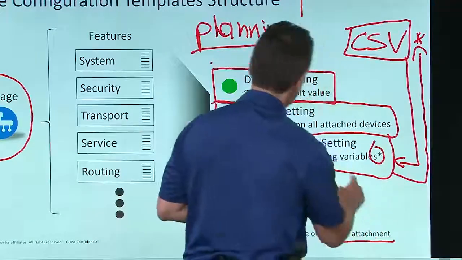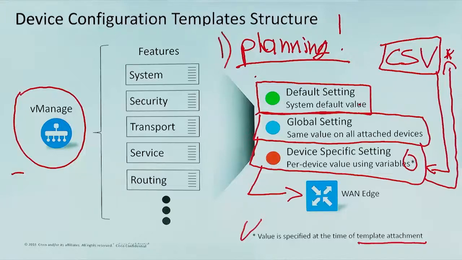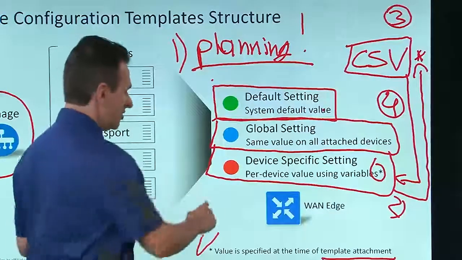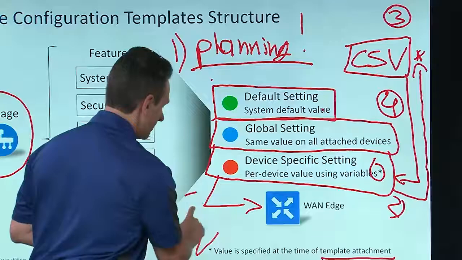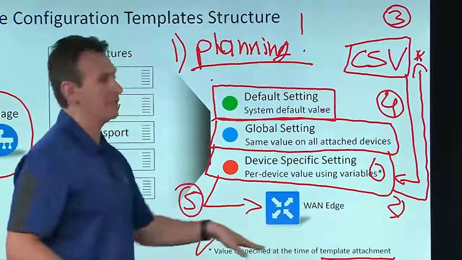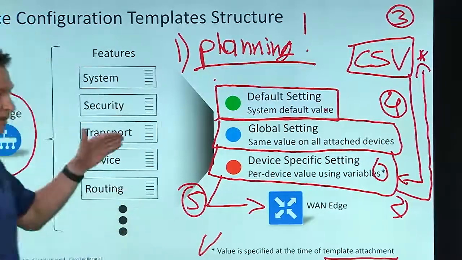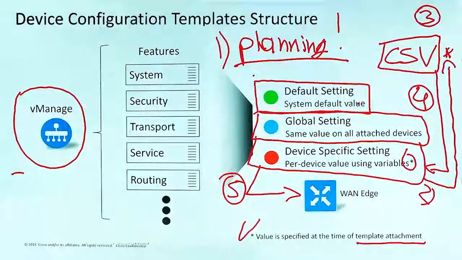So step 1 would be planning, that's for sure. Step 2 could be the export. Step 3 would be filling out the CSV file, and step 4 would be the import. And then obviously you have step 5, which is applying this onto the device itself, and that is at the time of the attachment. So you really go through these steps to make sure that your configuration is well done.